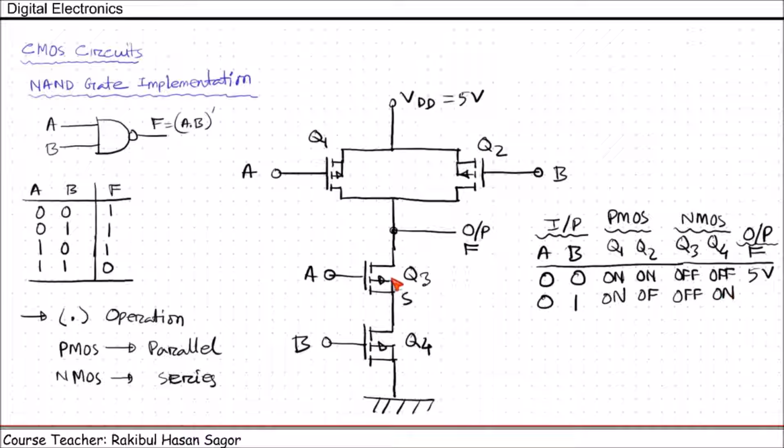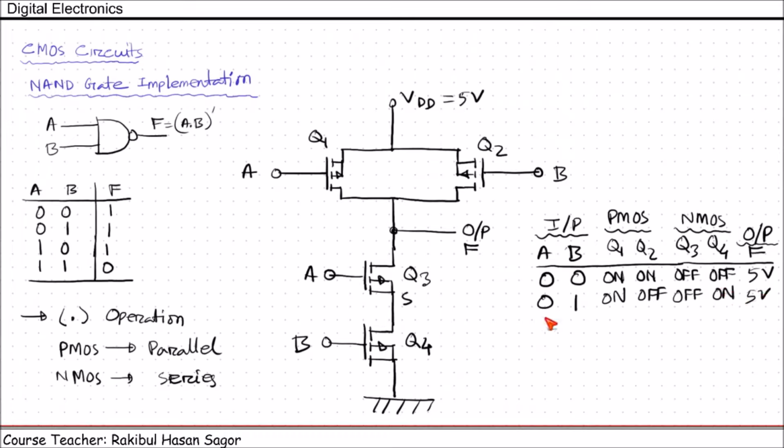Even though this is on, as Q3 is open, the output will not be connected with the ground, but as Q1 is on, this line is shorted, so the output will be 5 volts.